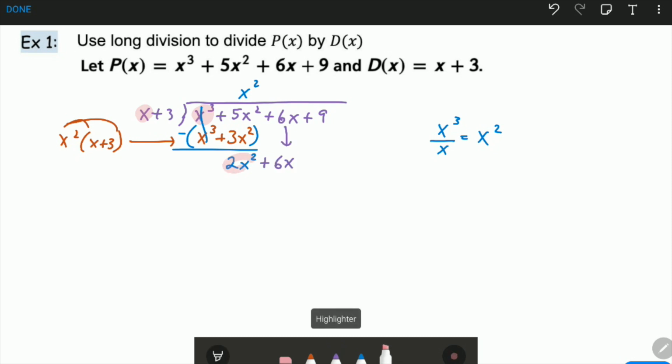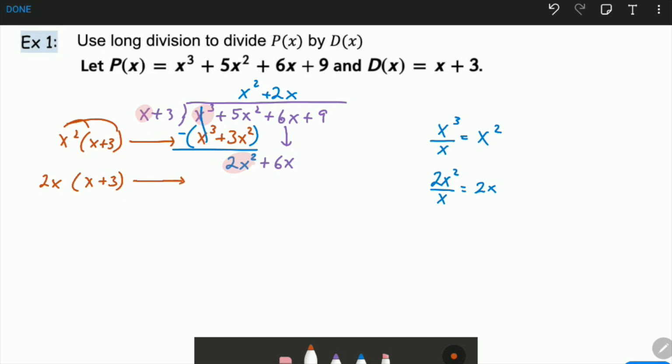So we'll focus on the first terms, and we'll take 2x squared. We'll divide it by our leading coefficient of x for our divisor, giving us just 2x. So plus 2x will go on the top. And then we'll repeat the process. We'll multiply that 2x by our divisor of x plus 3 to get what we need to subtract.